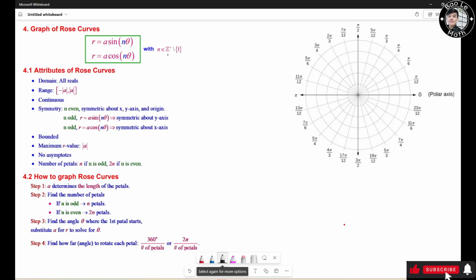Now, n must be a positive integer and not equal to 1, because if n equals 1, it becomes r equals a sine theta or r equals a cosine theta. This is actually the equation of a circle, so keep that in mind.